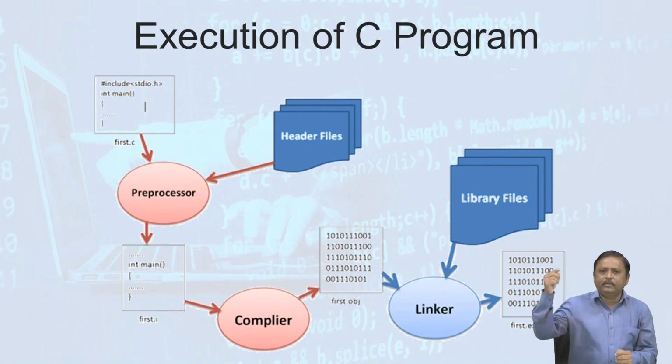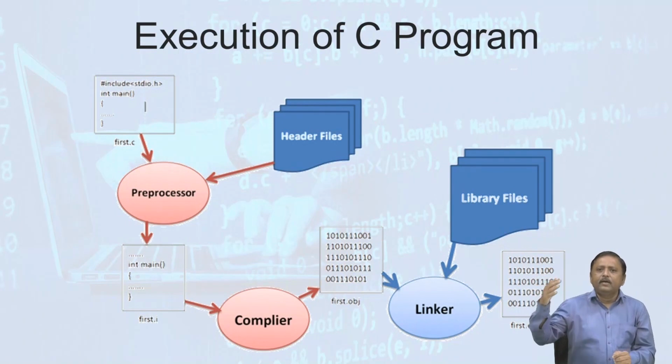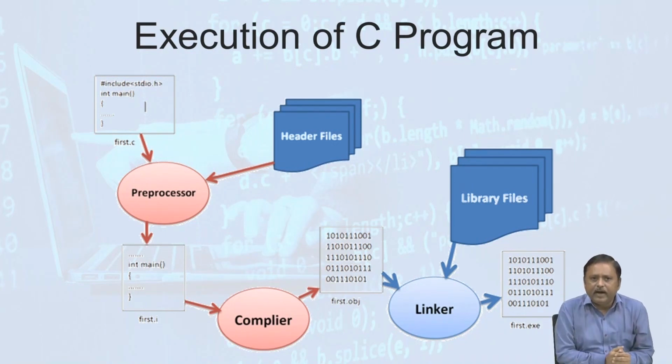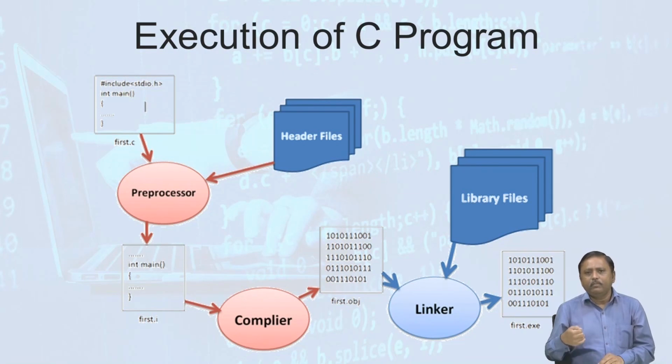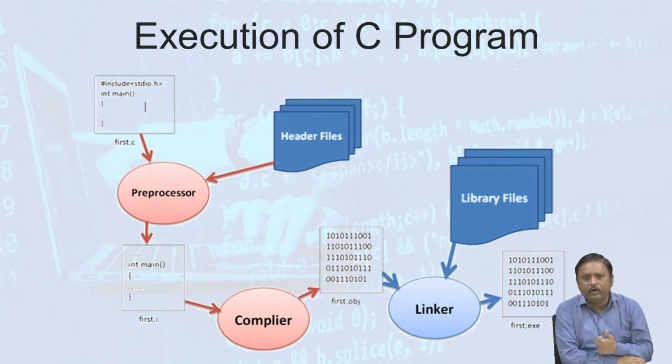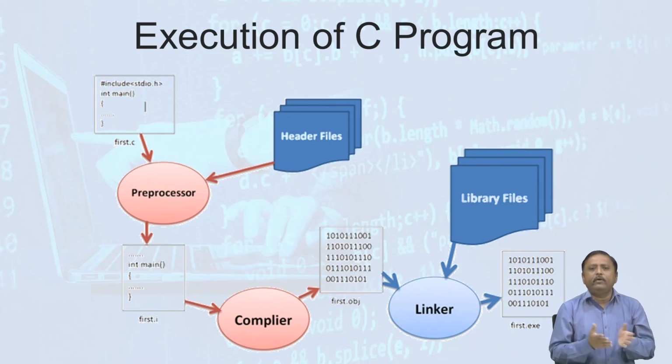That is why they have the extension .h. H stands for header. Since they are written at the top of the program, they are considered header files. So if you are using any header files, those header files need to be included in your program. First the header file is included in your program, then you have to compile your program.